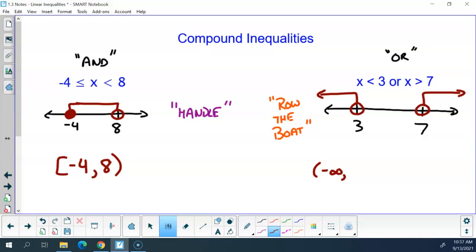I'm going all the way up to +3. Then I'm picking back up at 7, and I'm going all the way out to infinity. The only thing that I have to add is in the middle here, I put a ginormous capital U. That capital U stands for the union of those two solution sets. Because it's an OR case, if it's in either one of them, it will work.